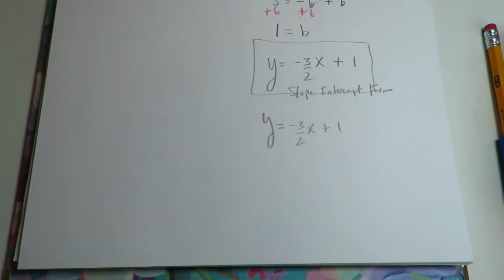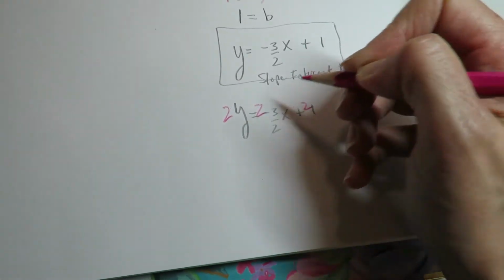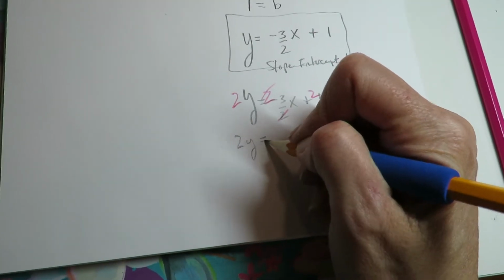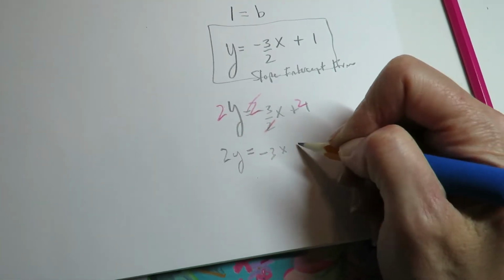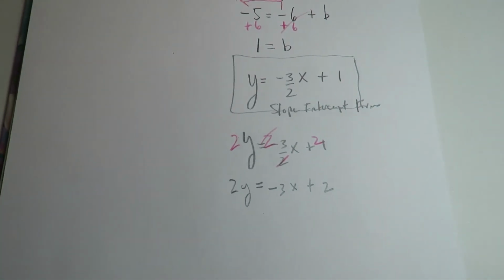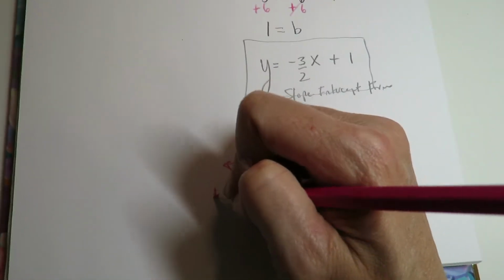For me to convert it to standard, I first get rid of the fraction. So I'm going to multiply everybody by 2. That will cancel this fraction. I'm then going to get both the x and the y on the left. So I'm going to move this x value over to the left.